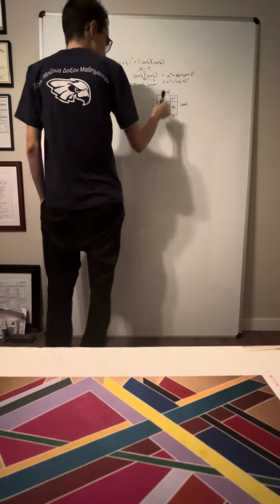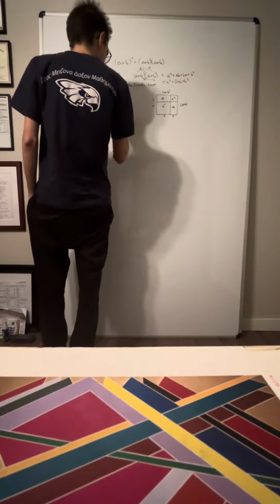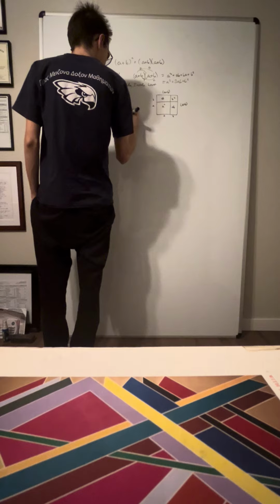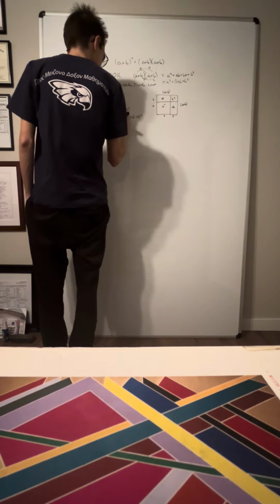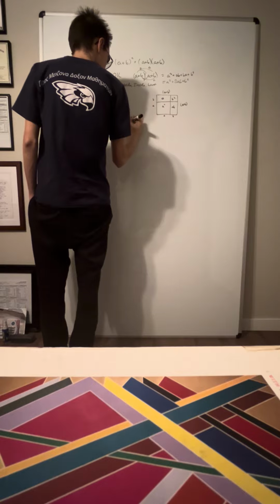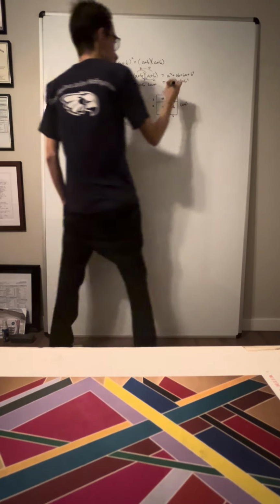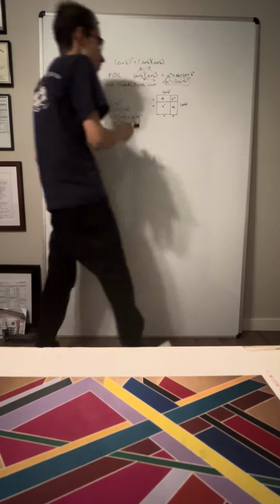Just adding up the individual areas to make the whole area to represent this quantity, we have a squared plus ab plus ab plus b squared, which equals a squared plus 2ab plus b squared. And yeah, okay, so this is how you would do this.